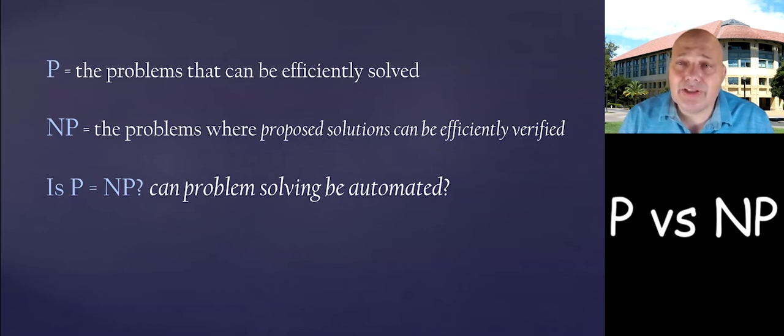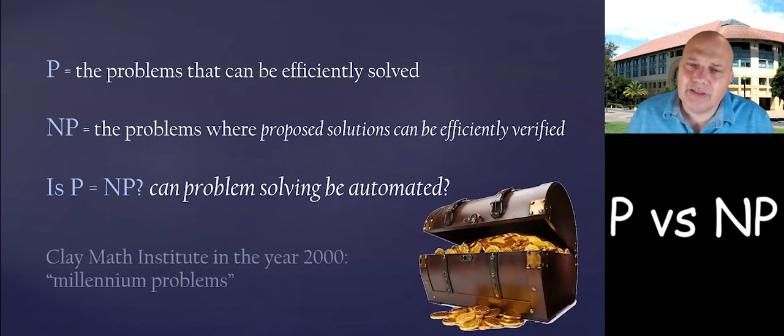And now the question is, can we come up with a proof? Does the fact that I can verify that a clique is a clique, or verify that an assignment is satisfying, mean that I can also find such a clique or find such an assignment? This is at the heart of P versus NP.